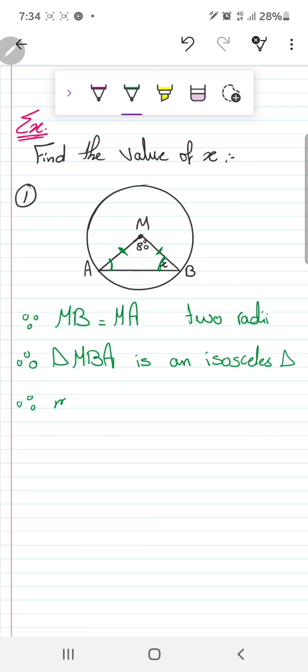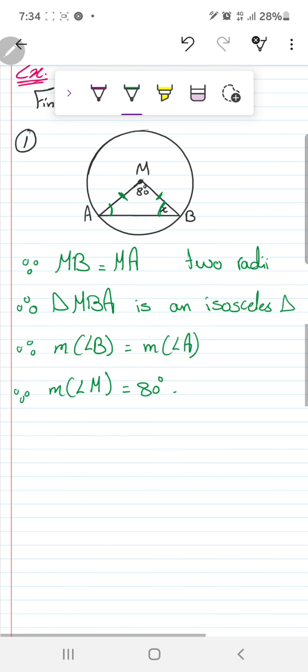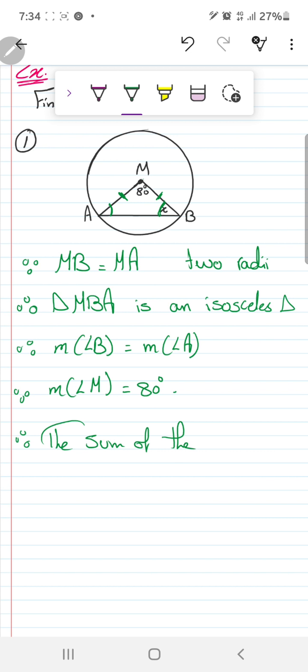So we get the measure of angle B equals the measure of angle A. Okay, since we have here the measure of angle M equals 80 degrees. And we said before the sum of the interior angles of any triangle is 180.